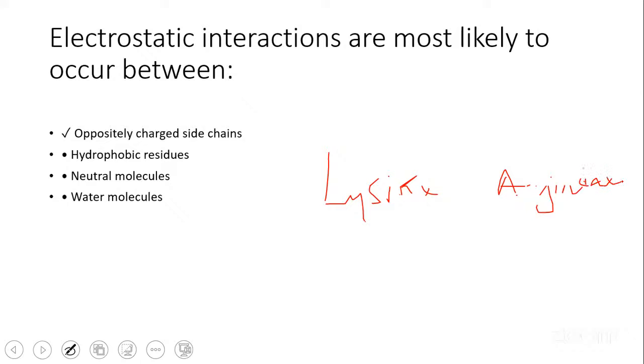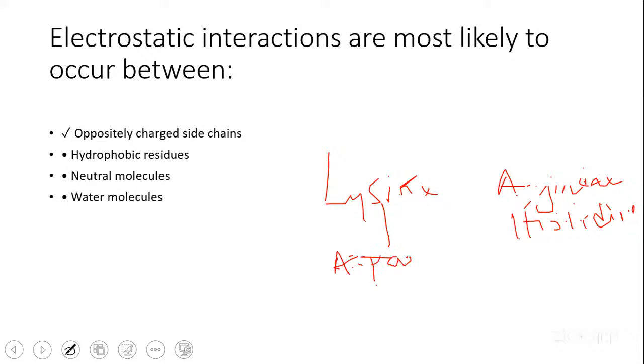Arginine is positively charged. Histidine is positively charged.